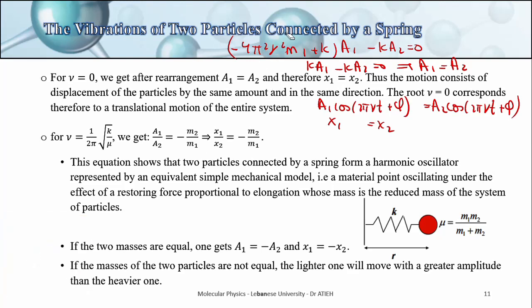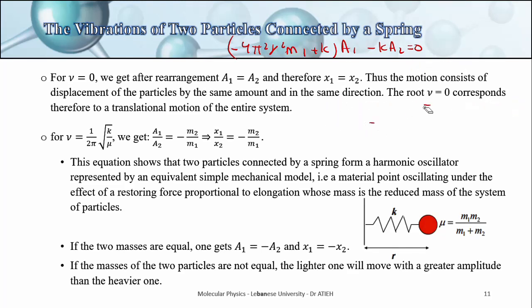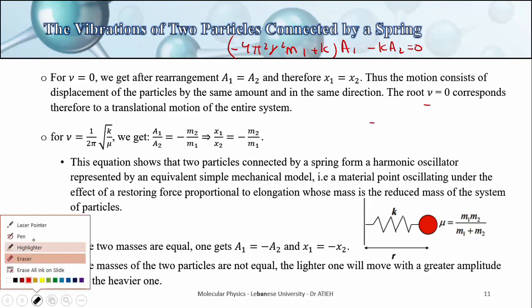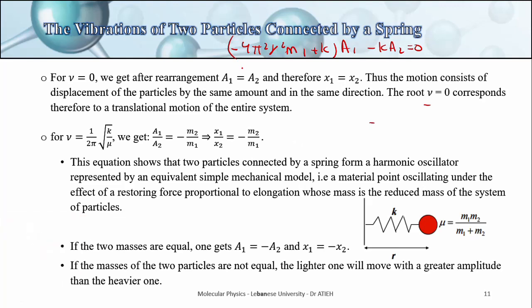So this will be minus 4 pi squared, and nu squared is 1 over 4 pi squared k over mu, multiplied by m1, plus k, a1 minus k a2 equals 0.